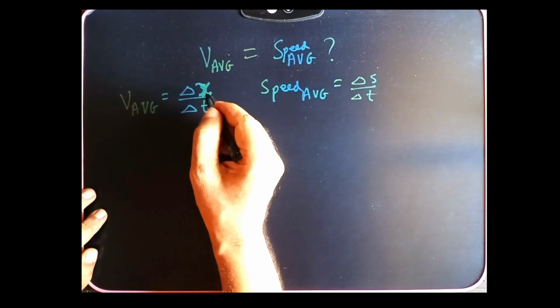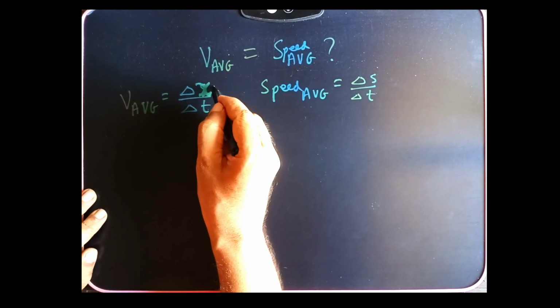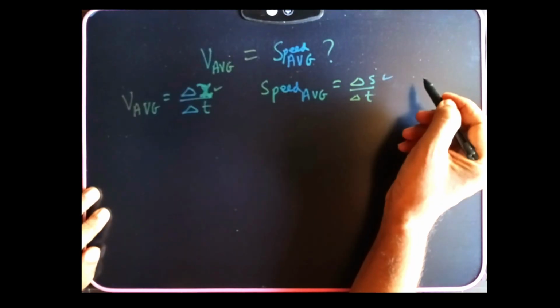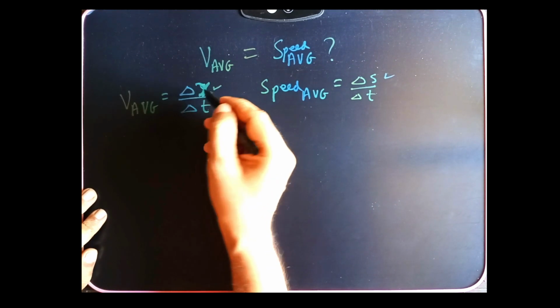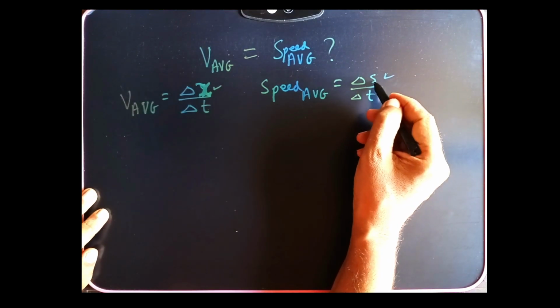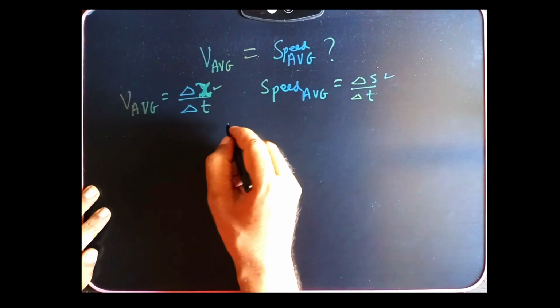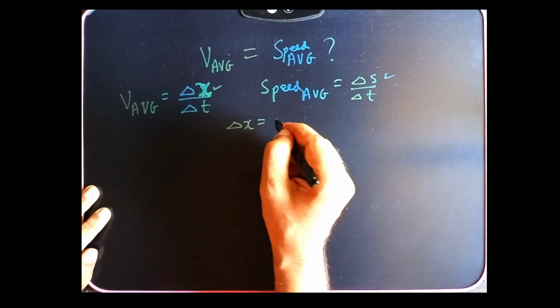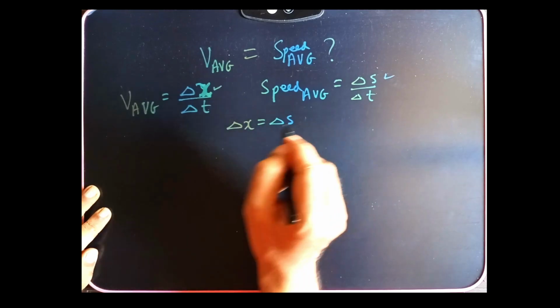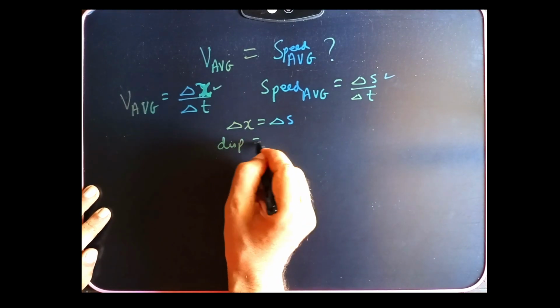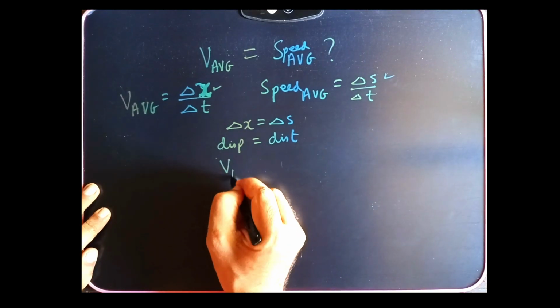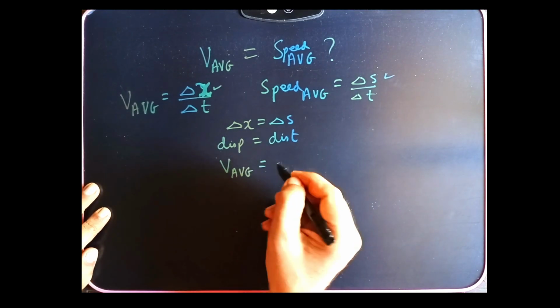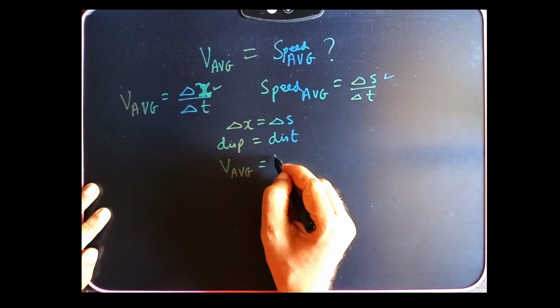So it is clearly visible here. This is a vector quantity, and this is a scalar quantity. That means change in displacement has direction as well, and distance is a scalar quantity. But however, when delta x is equal to delta s, that means displacement is equal to distance, at that time average velocity will become equal to average speed.